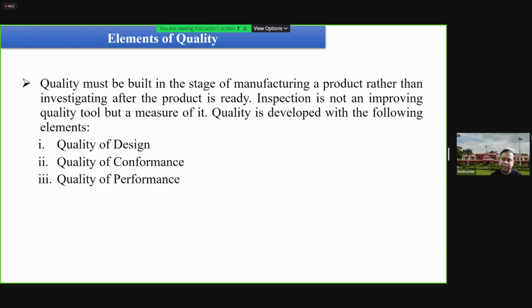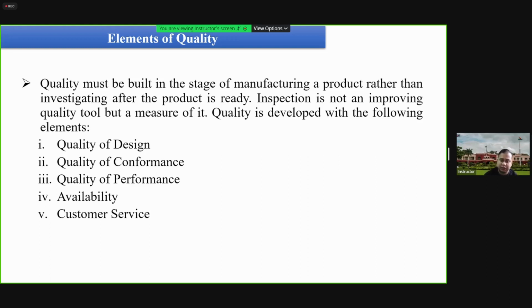Apart from that, other elements that ultimately impact quality are availability related to the machines, and once the product is sold, the customer service. That also impacts quality because many times it impacts the perceived quality, and it impacts further buying by other customers that might be attracted to the company. So these are the certain elements.